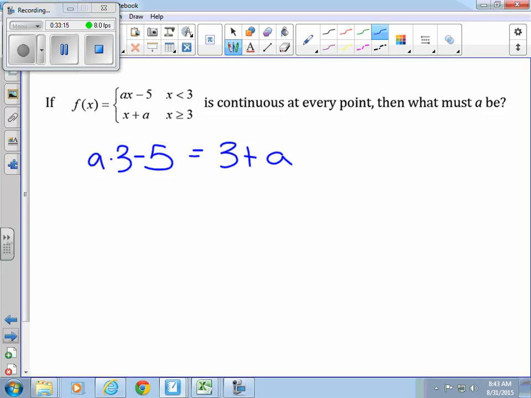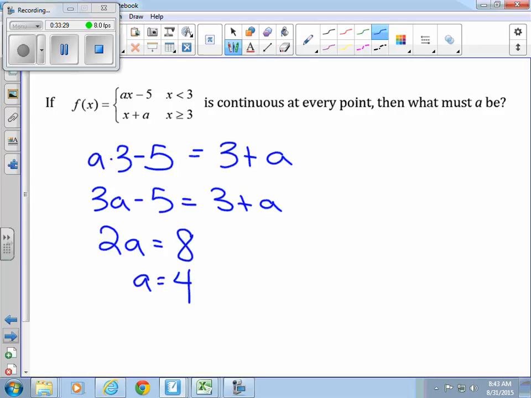So the left-hand side has to equal the right-hand side as x approaches 3. So just rewrite 3a minus 5 equals a plus 3. Solve that equation for a, and see if it worked. If I plug in 3 into both of those, do I get the same value for the line?